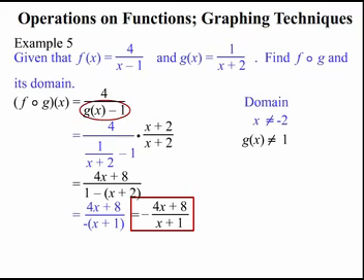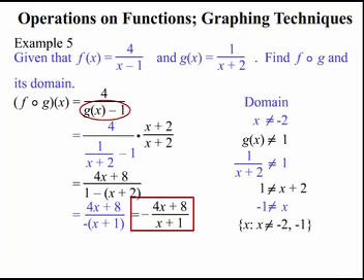So if I take g of x, instead of not equal to 1, well, g of x is 1 over x plus 2, cannot equal 1. Cross multiply, 1 cannot equal x plus 2, or negative 1 cannot equal x. So our domain can be all numbers except for negative 2 and negative 1.